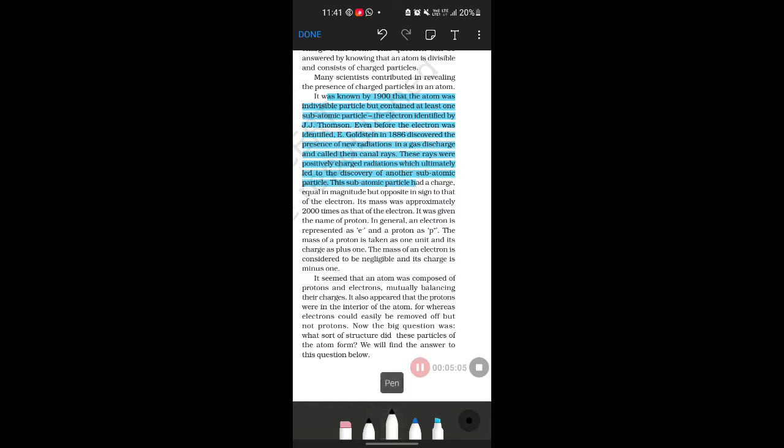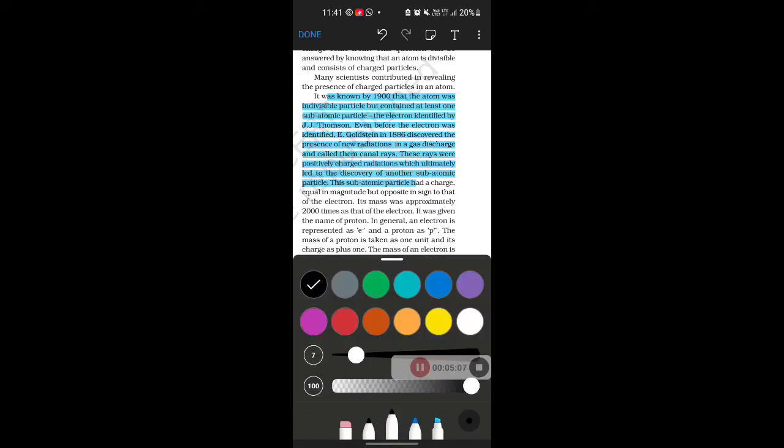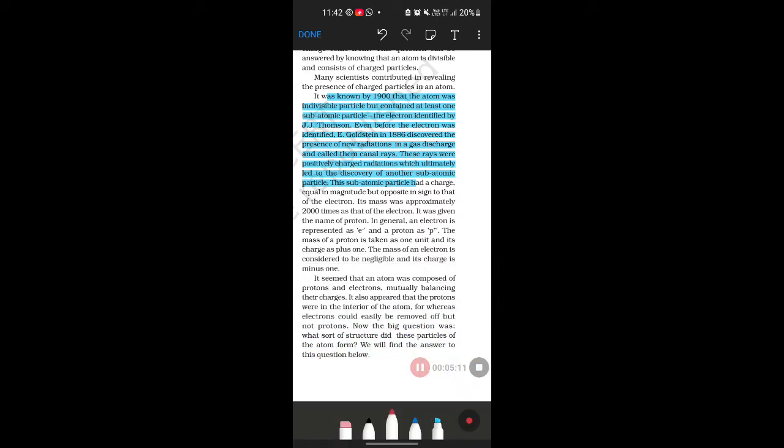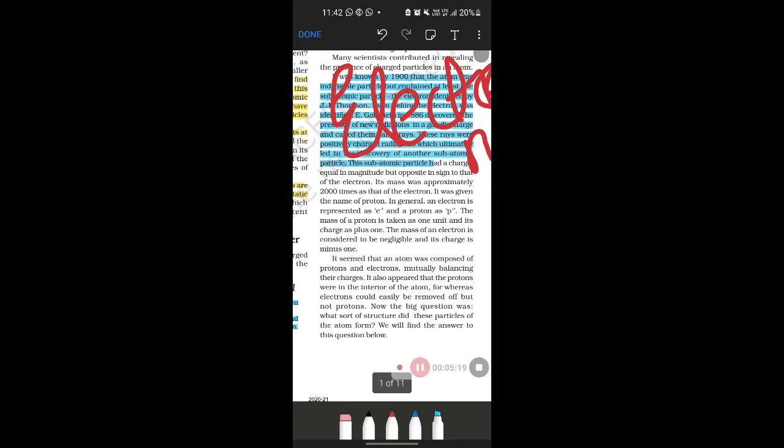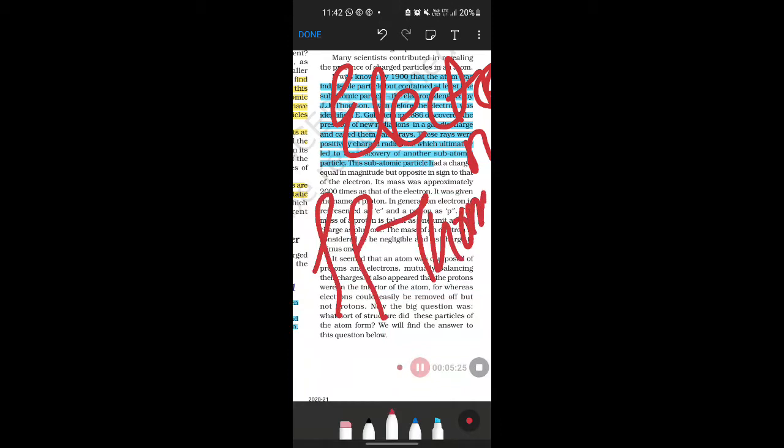Now, electron is given by J.J. Thomson. J.J. Thomson was a scientist who discovered the electron. You can remember this. I hope you all can remember this.